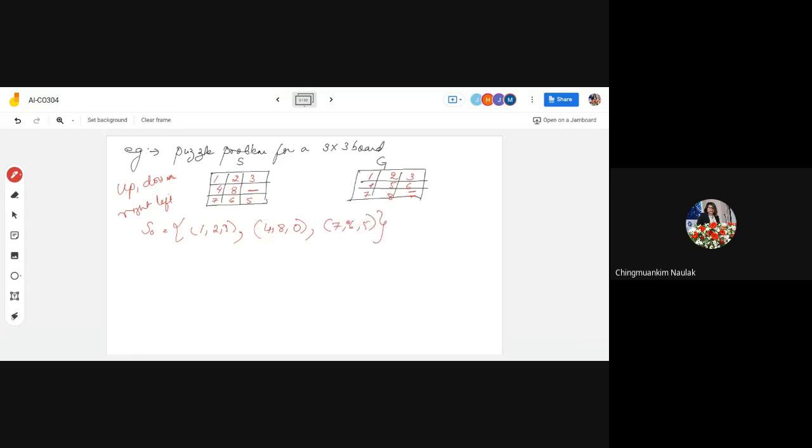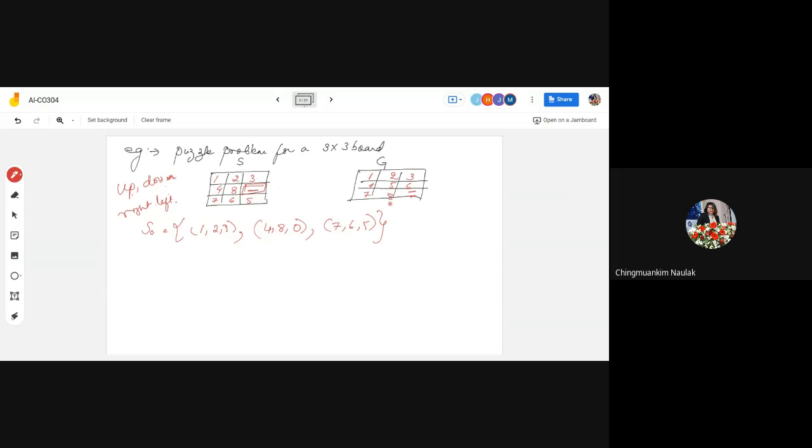Now, which operation will you perform? Will you use upward, downward, right or left? You perform this operation on the empty cell. Can you move the cell right way? No, you cannot. You can either move left way, up way, or downward, the available options to you.